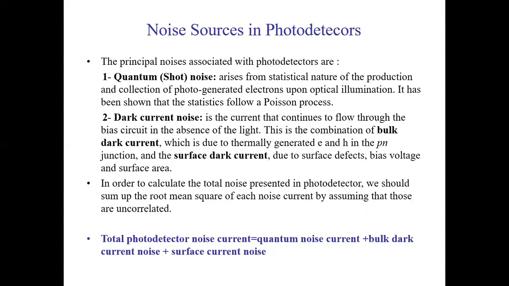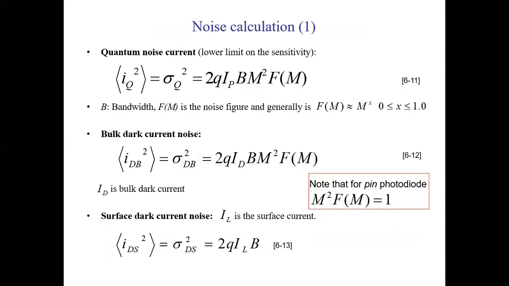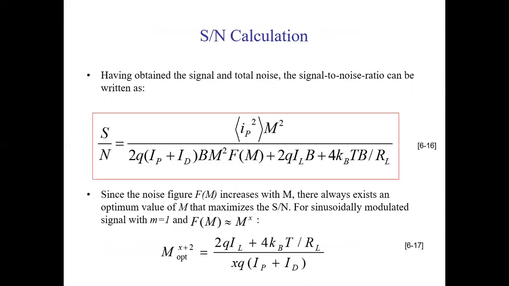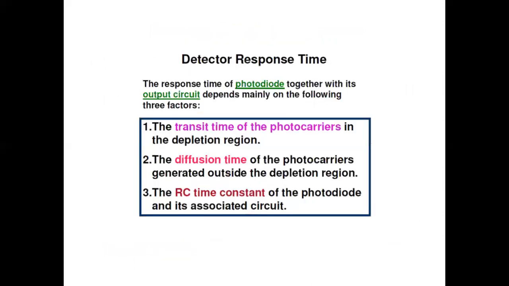The total photodetector noise current is equal to the quantum noise current plus the bulk dark current noise plus the surface current noise. You can further calculate these noises, which is useful for S/N.